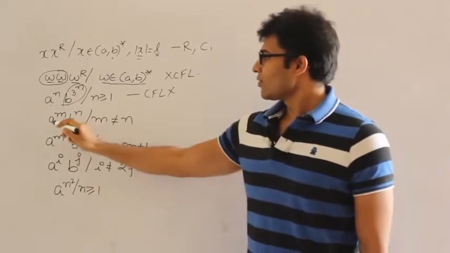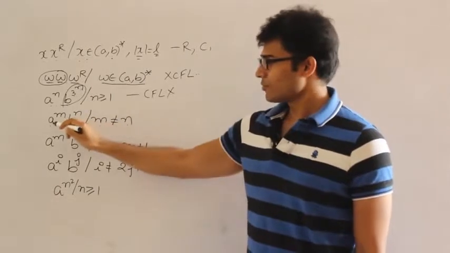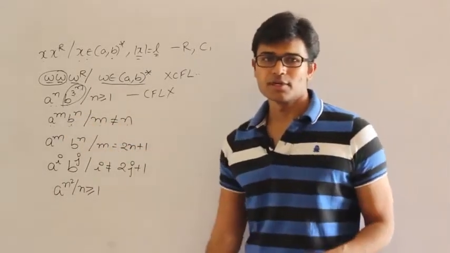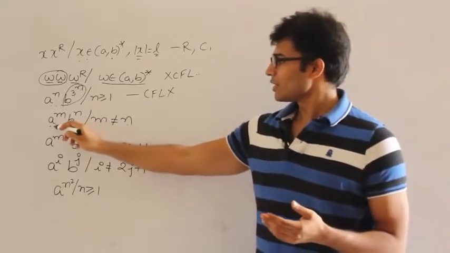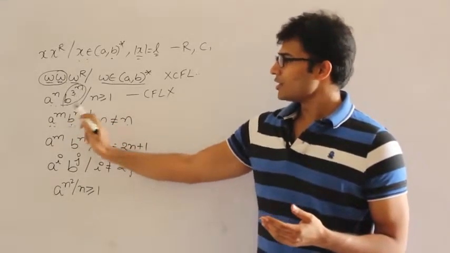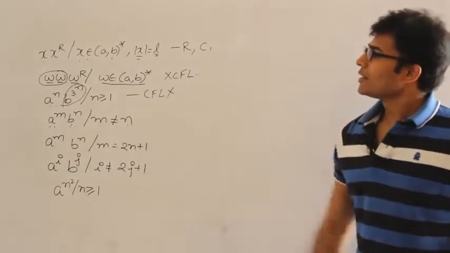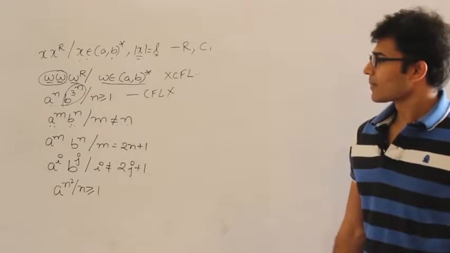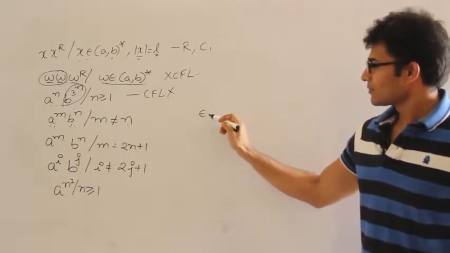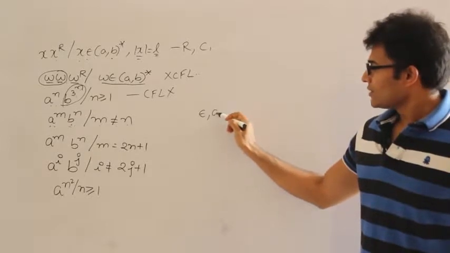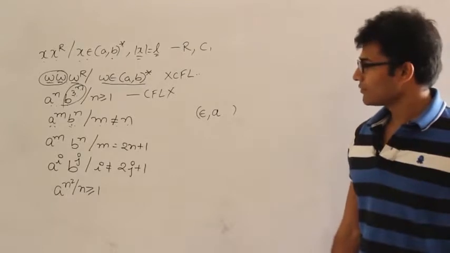Now a power m and b power n such that m is not equal to n. So number of a's and number of b's should not be equal. So what you could do is construct the ordinary push down automata where a power m and b power n both are equal, and then either a's have to be greater or b's have to be greater, which means at the end if you have reached epsilon, then if a is there in this stack, you accept it, that is one way.